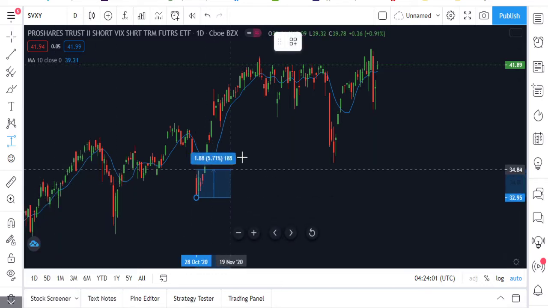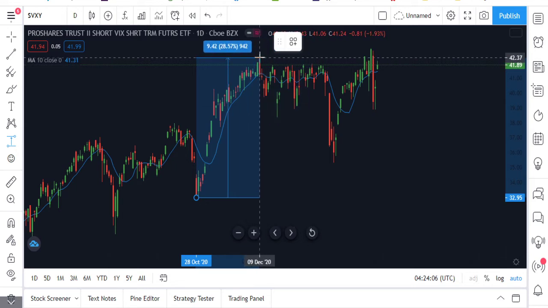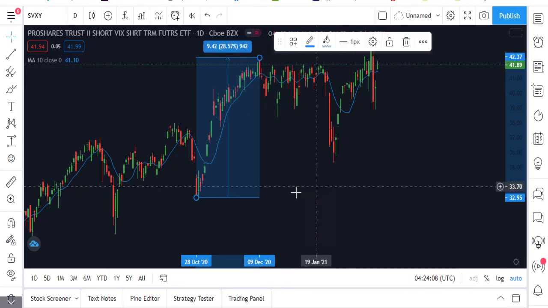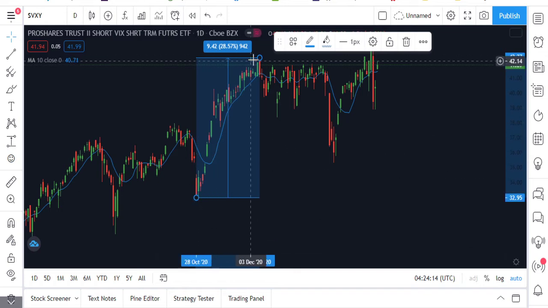Let's go from here to here. So if we were to buy it down here when the market dipped and then sold it right here, that's a 28% profit margin, which is pretty good.